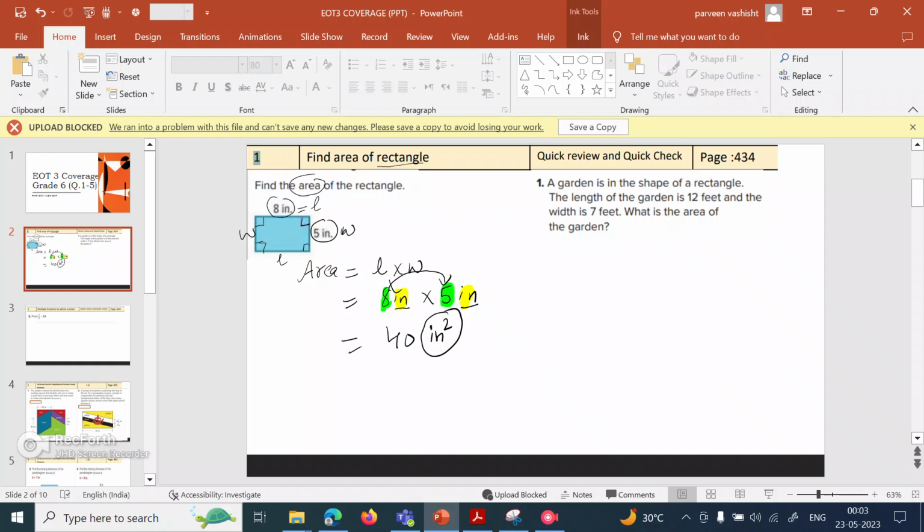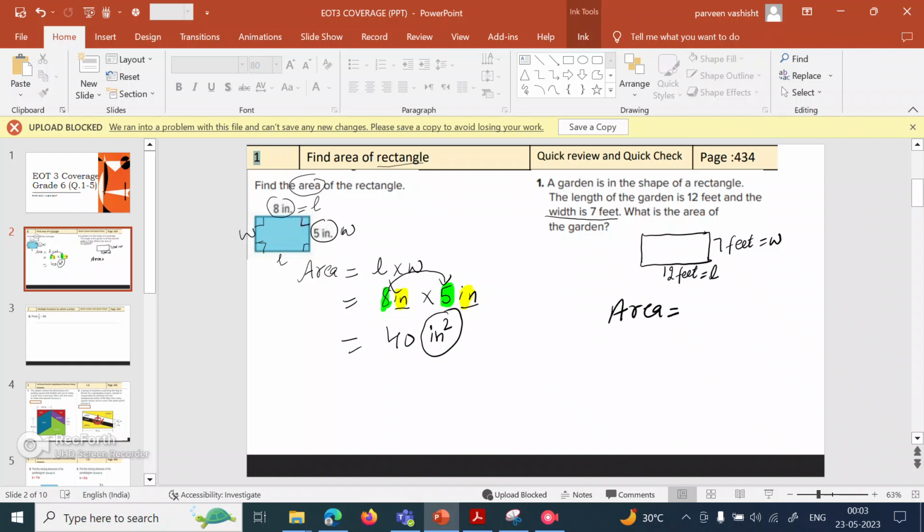Now let's go to another question. A garden is in the shape of a rectangle. You can make this rectangle yourself. The length of the garden is given to you, 12 feet, and the width is 7 feet, so 7 feet will become your width, W. I will not do this question, you will do it yourself.